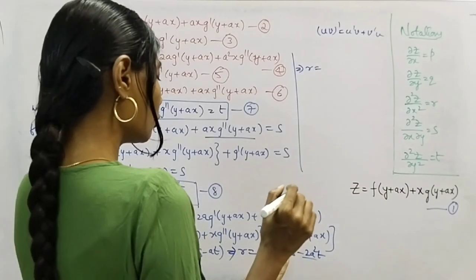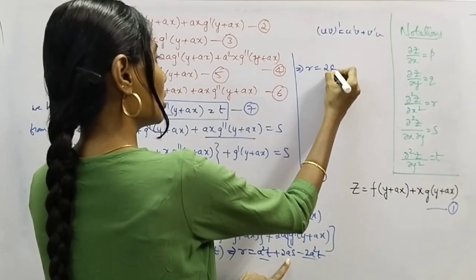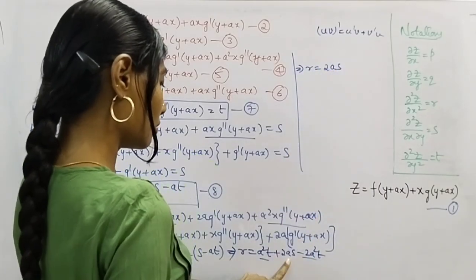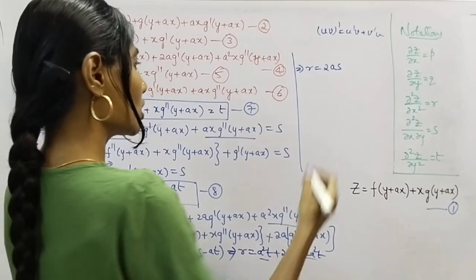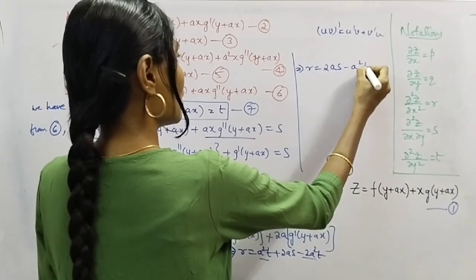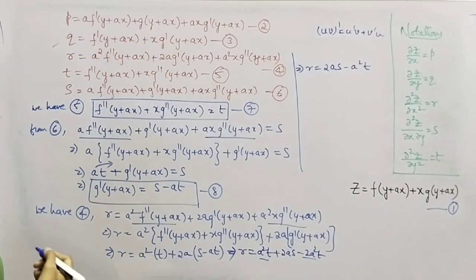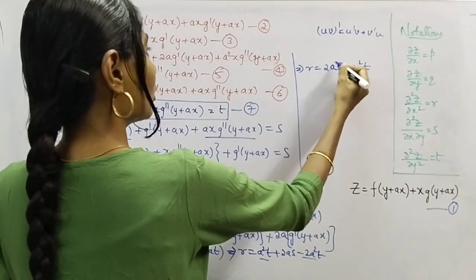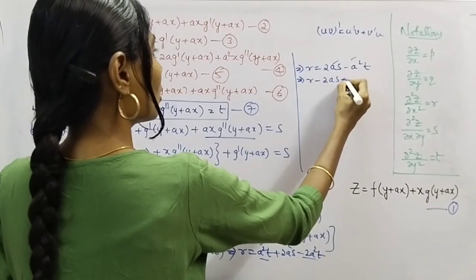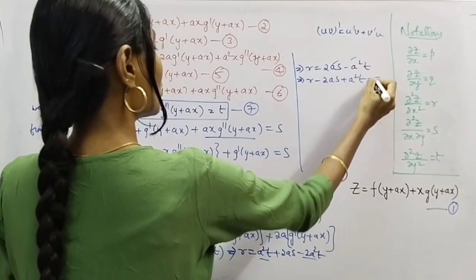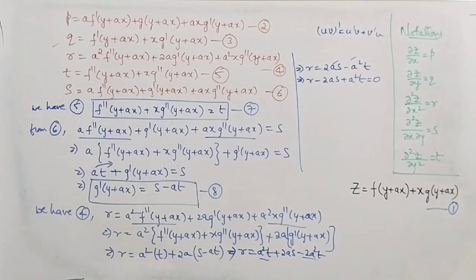So let's write the term involving positive sign first. You'll get 2a s, minus 2a square t plus a square t gives minus a square t, right? Now we can take these two terms to LHS, you'll get r minus 2a s plus a square t equal to 0, which is the required partial differential equation.